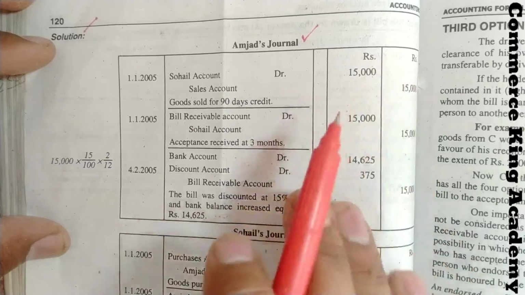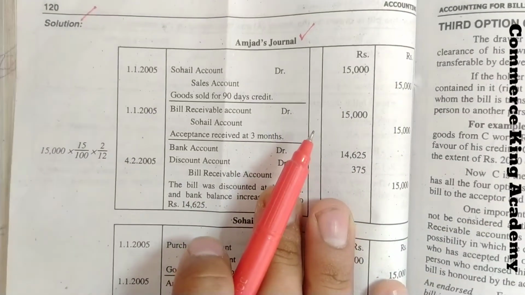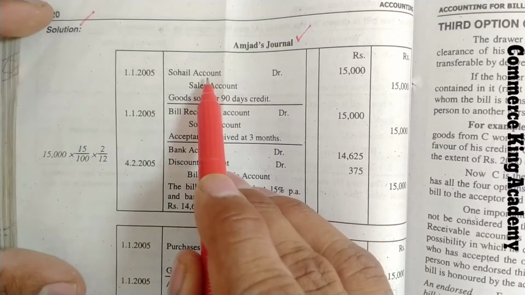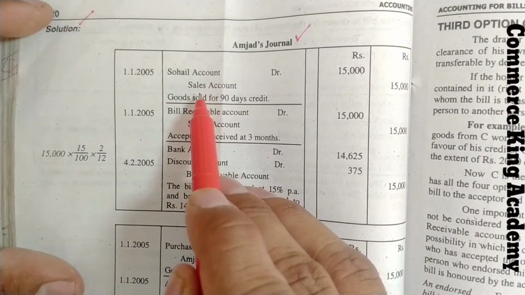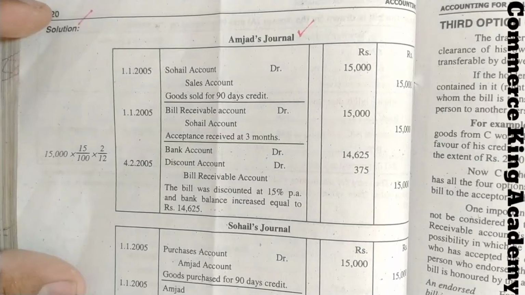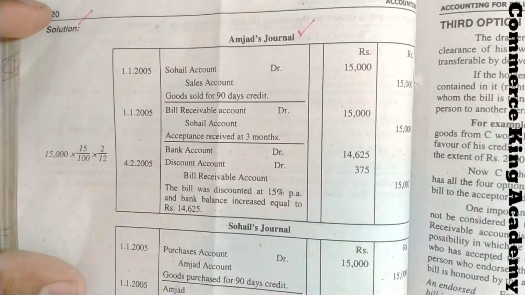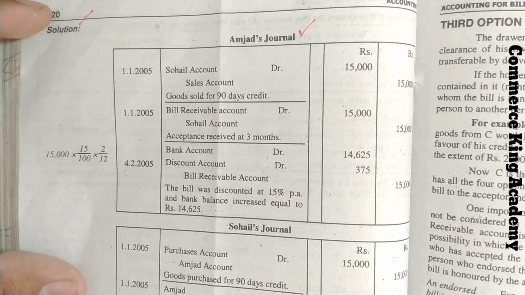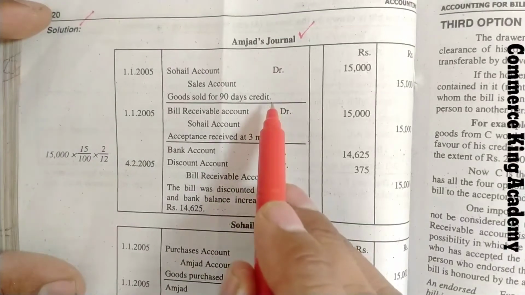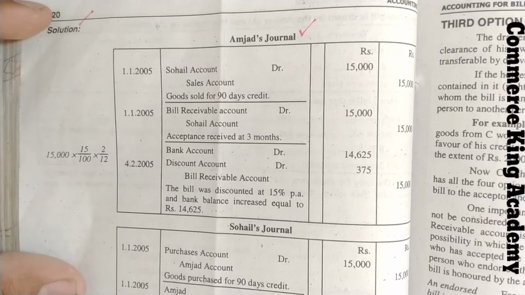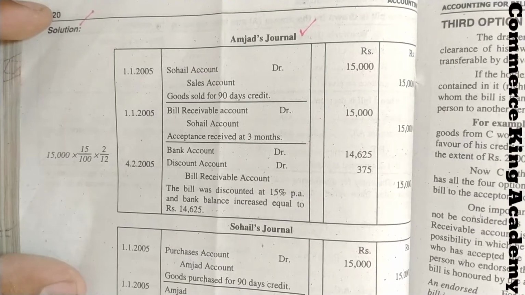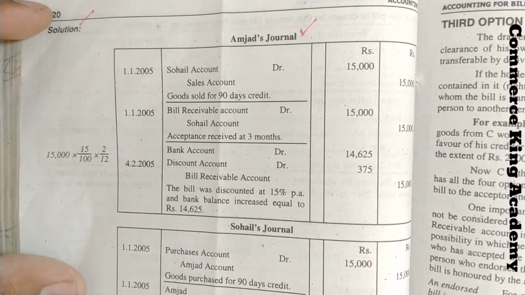So the journal entry would be: Mr. Sohail account debit, sales account credited here with the same amount, with description: goods sold for 90 days credit. You must keep in mind sales will always be credit in the journal.